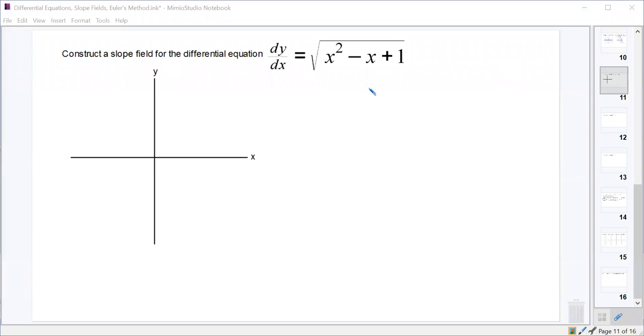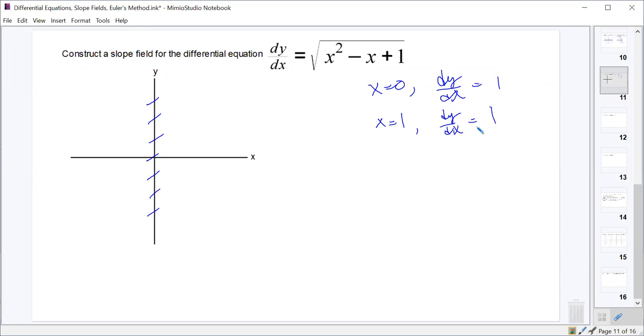So when x was 0, what did we get? Should have got 1, I believe, right? If x was 1, dy/dx was still 1. What about when x was 2?